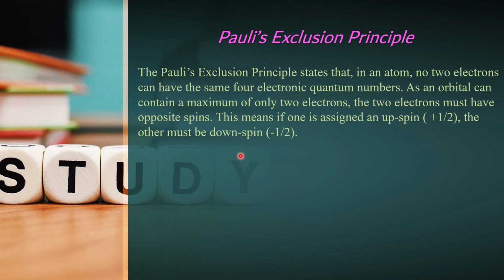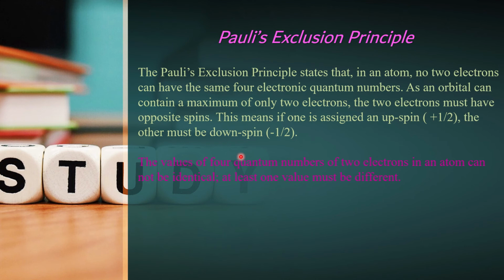If we count the 4 quantum numbers for these 2 electrons, the principal quantum number, the secondary quantum number and the magnetic quantum number are all equal. But the spin quantum number must be different. One will be plus half and the other will be minus half.